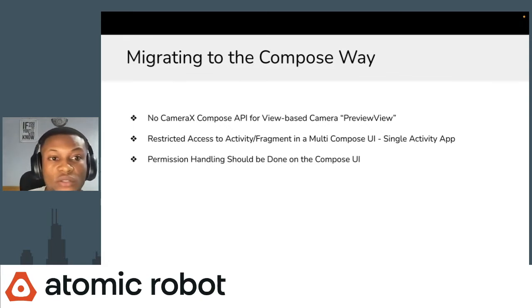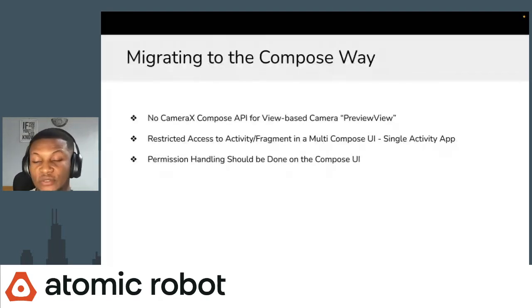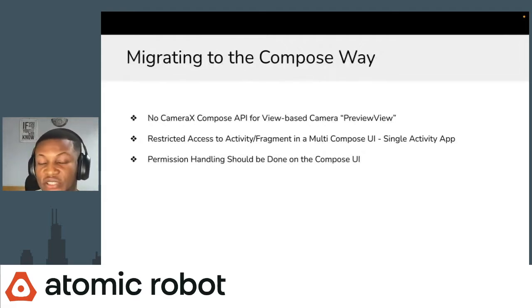The other one is that it requires implementing all of this within a fragment, or implementing the details of the video capture within an activity. But what happens in a situation where we have a multi-compose UI, single activity, where our application is just a single activity and we have stacks of compose UI?